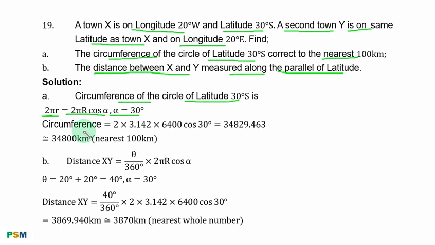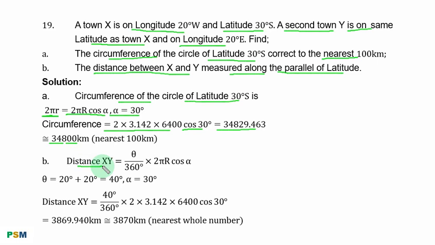Therefore, circumference is equal to 2 times pi times radius of the earth times cos 30 degrees, and that is equal to this. To the nearest 100 kilometers, you have the circumference to be 34,800 kilometers.